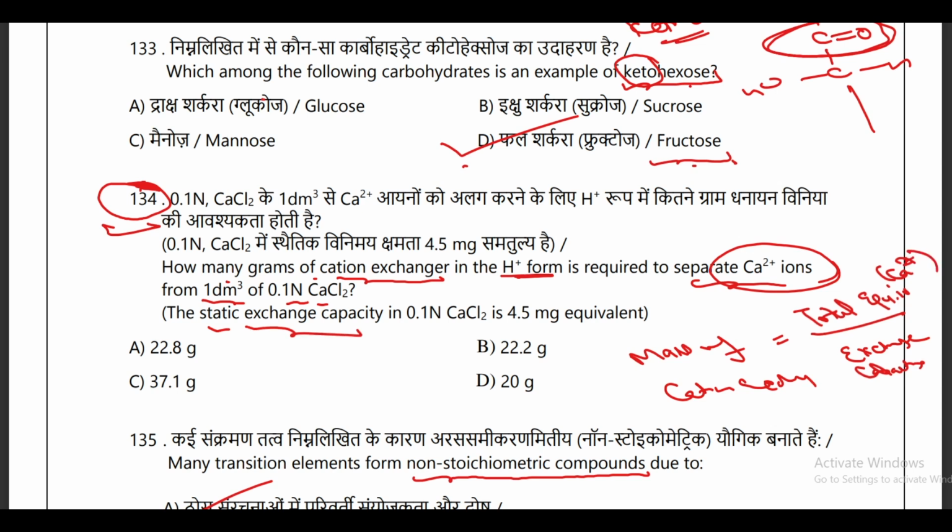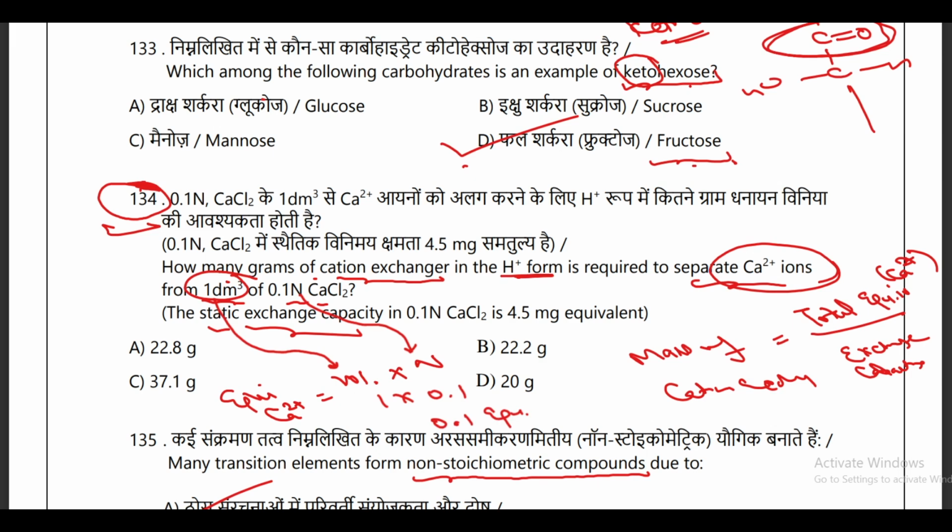To find the total number of equivalents for the numerator, you have to multiply volume with normality. The volume they are providing is 1 decimeter cube, and normality is 0.1. So 1 into 0.1, that is 0.1 equivalent, is the total number of equivalents.